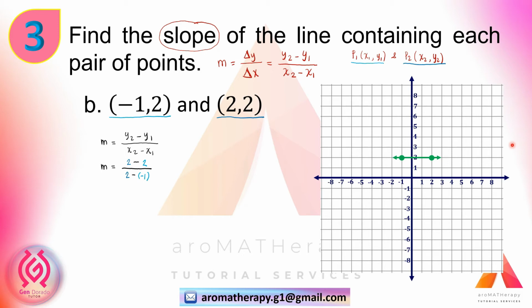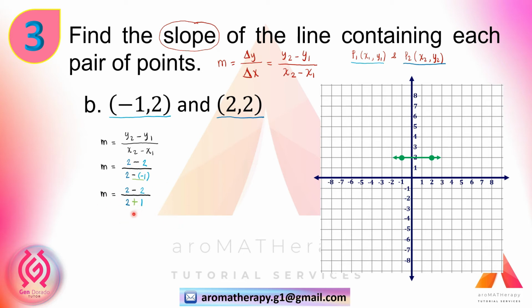Can we write? Let's simplify. M is equal to 2 minus 2 over 2 plus 1.